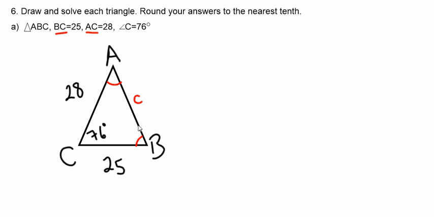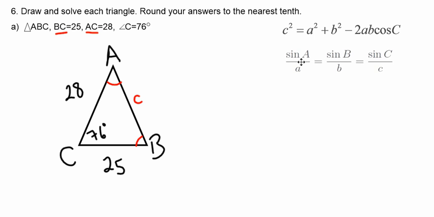Well, it's not a right angle triangle, so I can't use sine, cosine, or tangent ratios. The next option is to use the sine law, so I've put it over here. So there's the cosine law and the sine law. And always, I try to use the sine law first if I can.